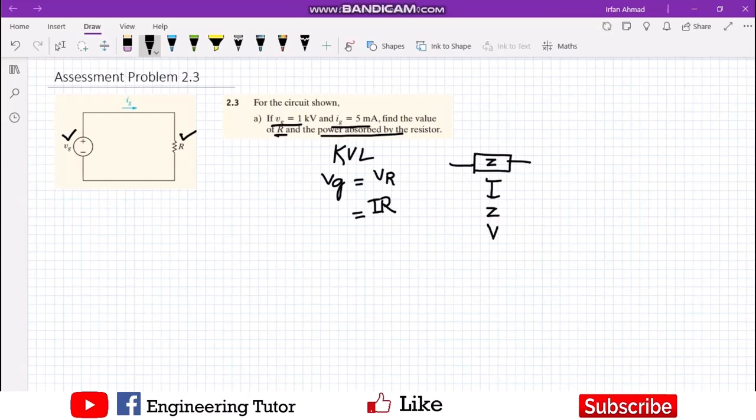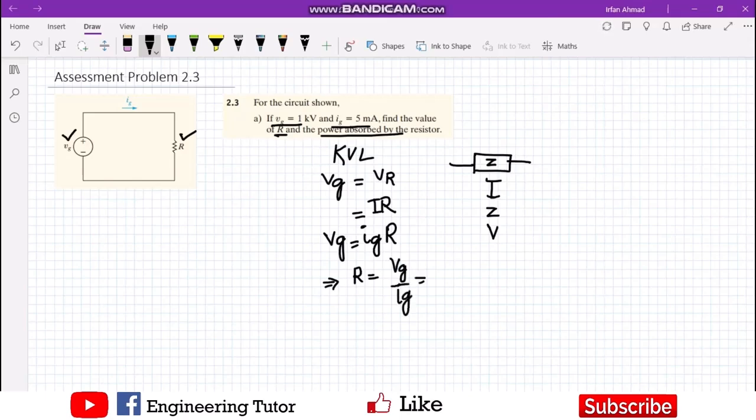So here we have Vg, which is already dropped here. We know the value of current, which is Ig, and we have to find the value of R. By this formula, we can easily find R, which is Vg by Ig.